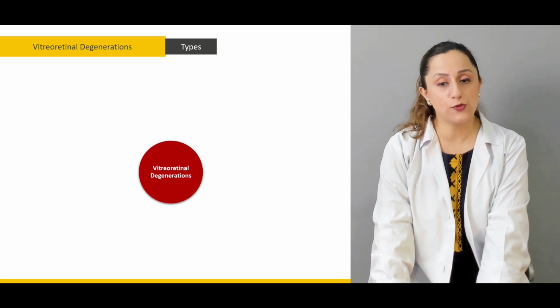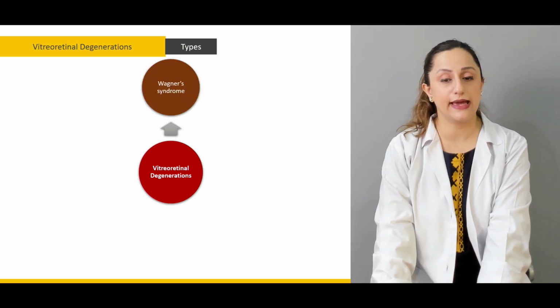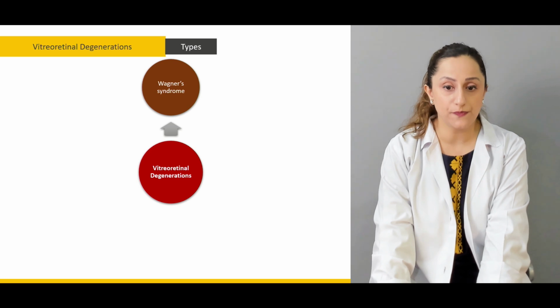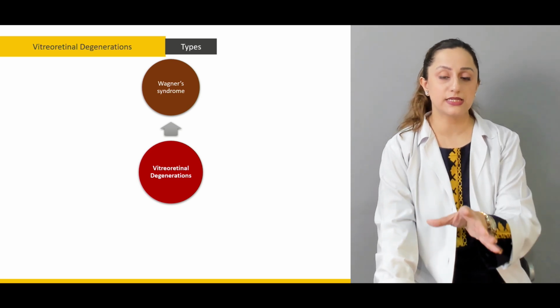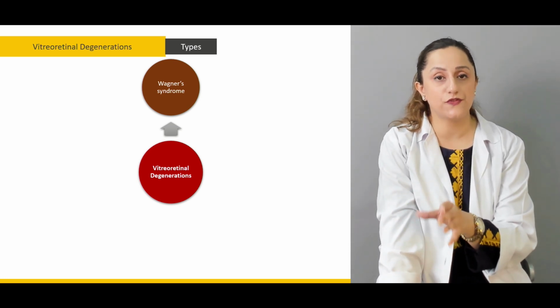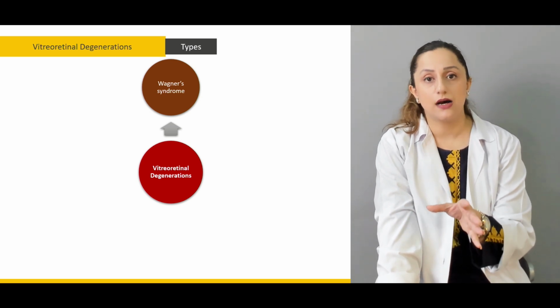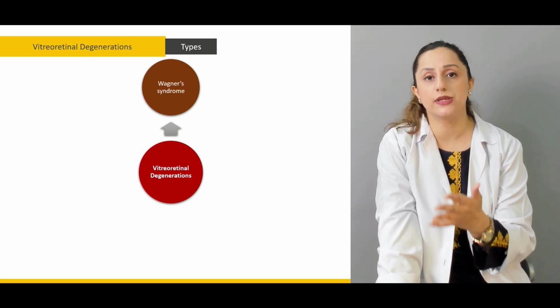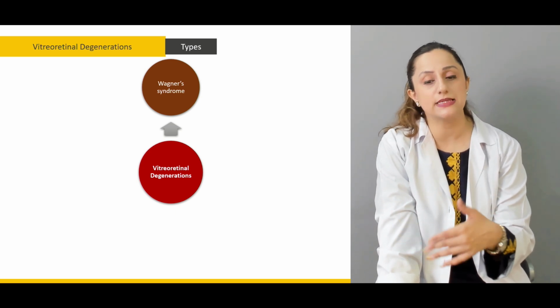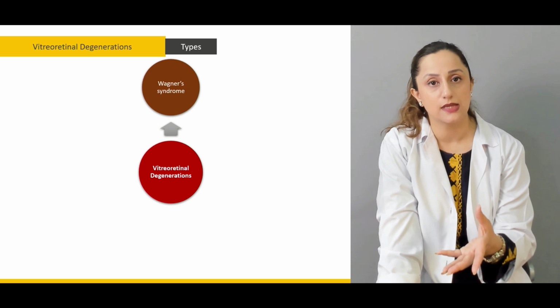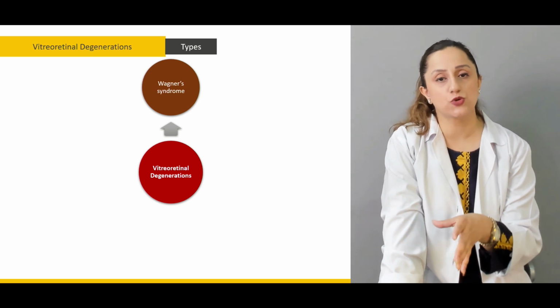The kinds of vitreoretinal degenerations can be Wagner's syndrome. I would like to emphasize the fact that all of these conditions are congenital and hereditary. They can be autosomal dominant or autosomal recessive, as we'd be studying the features of the most common ones.